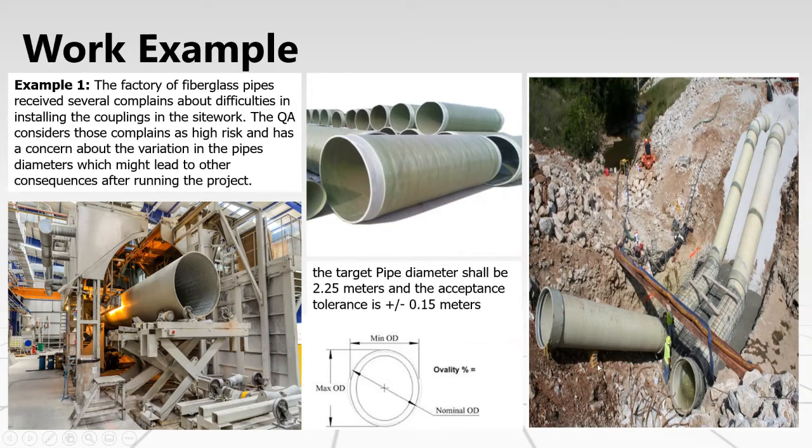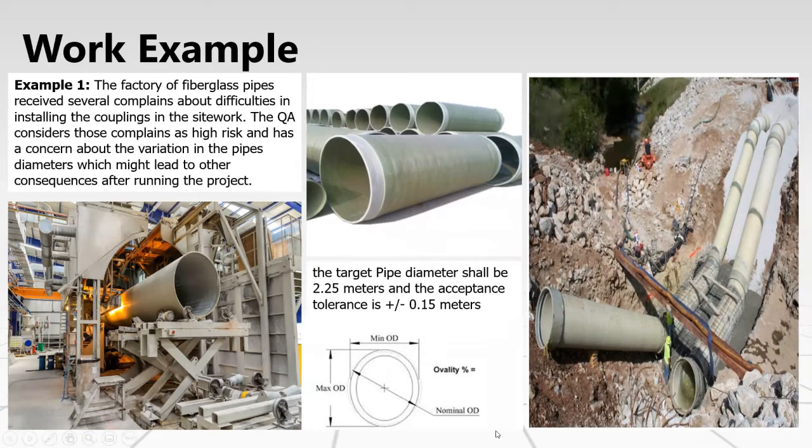Now, if we look at that project, imagine that I deliver wrong-diameter pipes to the site. What could be the consequences? Number one, imagine they install the pipe by force. Then there will be higher-risk consequences: cracks might happen in the pipes, and later on an explosion, because the pipes will not be capable of maintaining the high internal pressure.